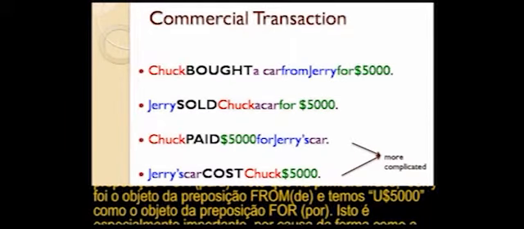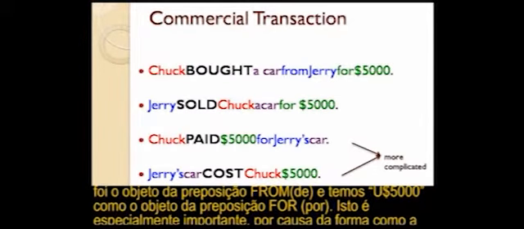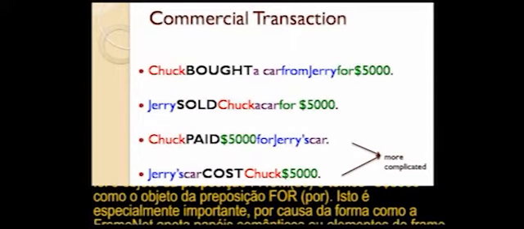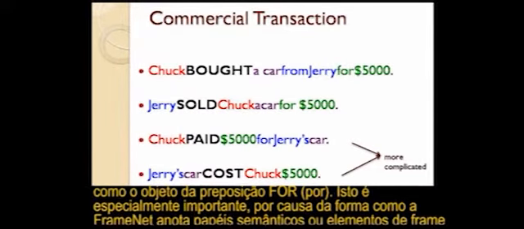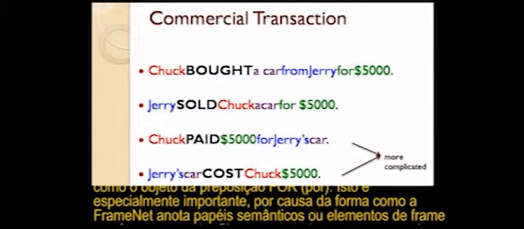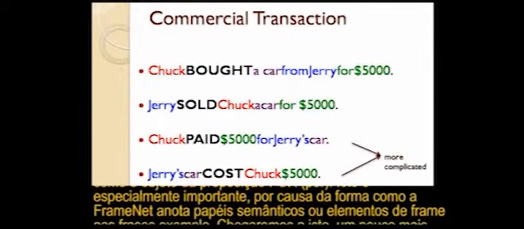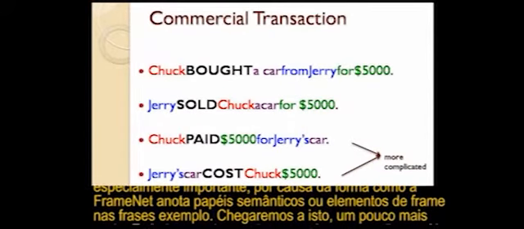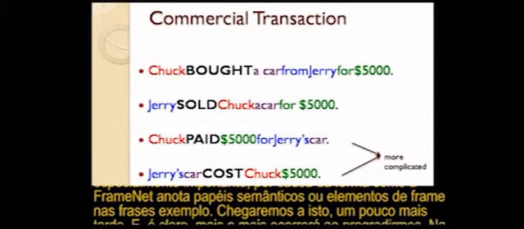This matters especially because of the way that FrameNet annotates semantic roles or frame elements on example sentences. And we'll get to that a little later on. And of course, more and more of that as the week progresses.